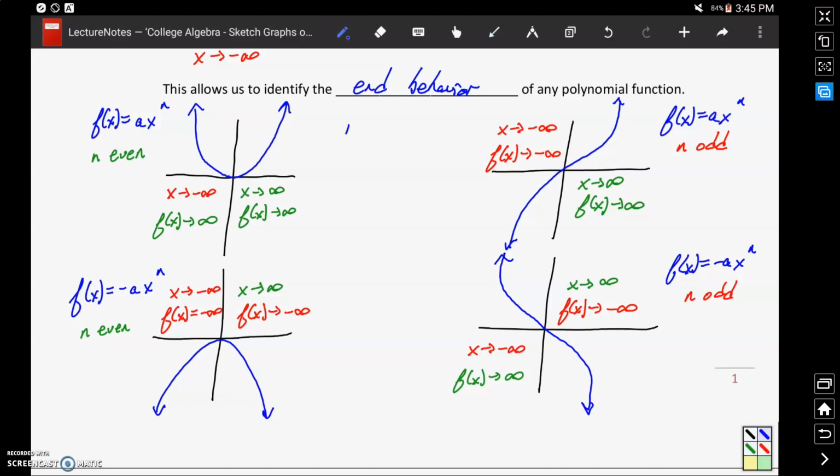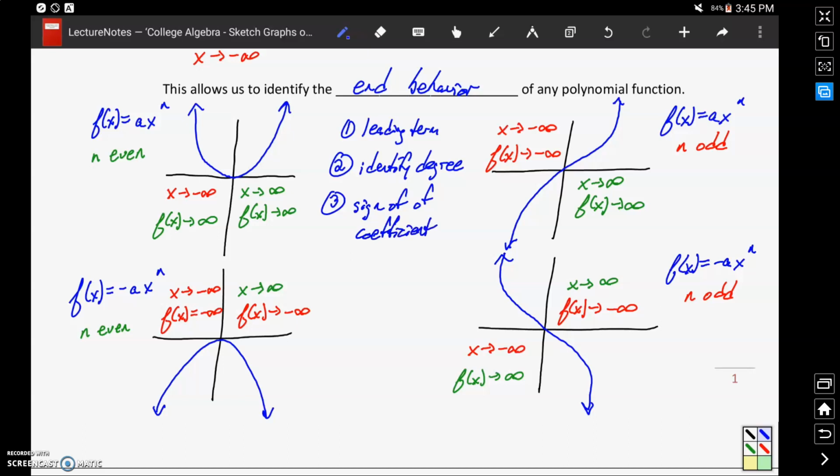Specifically what we want to do is identify the leading term, identify the degree of that polynomial, so we know that it's either even or odd, and then identify the sign of that coefficient. And that will match us to one of these four cases, which will inform us about the end behavior of that graph.